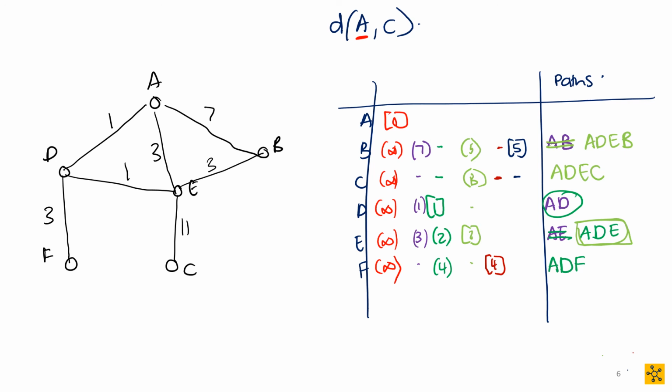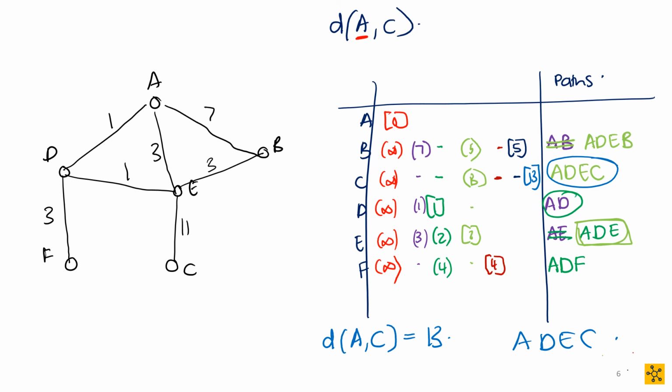So we update this one here to 13. And the moment we do that, A to C is equal to 13 because C now has a potential, and we already have the path that it took, A, D, E, C.